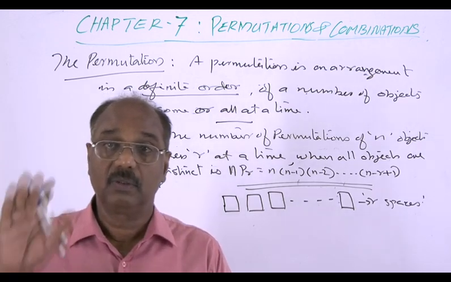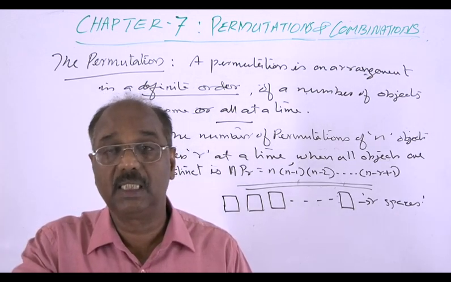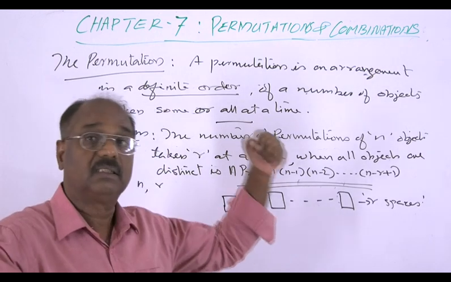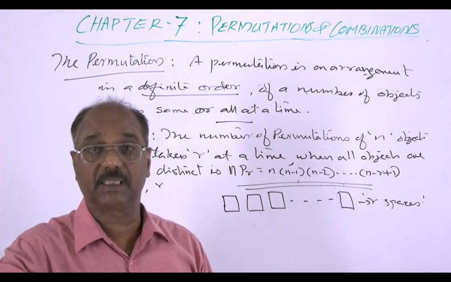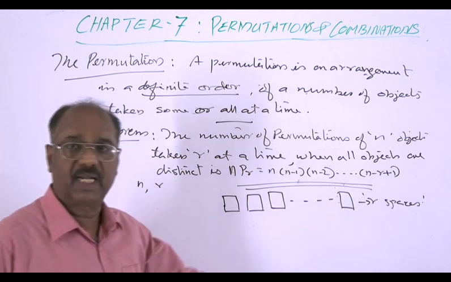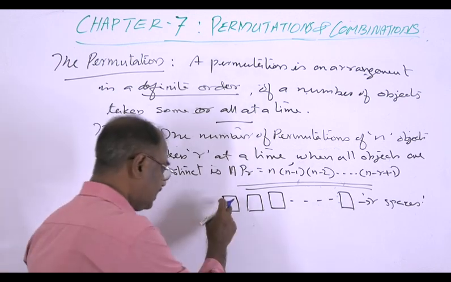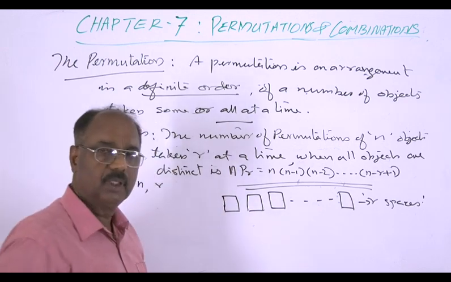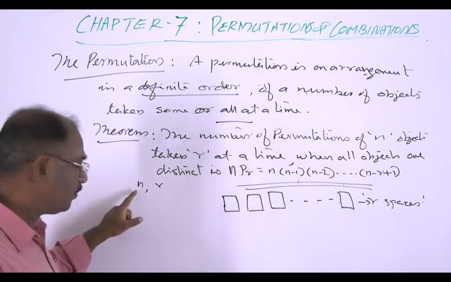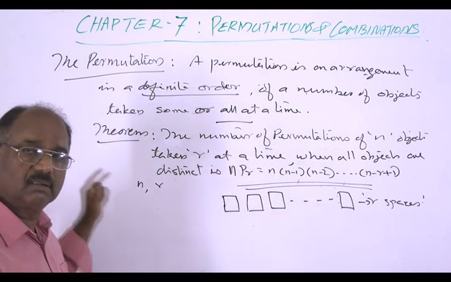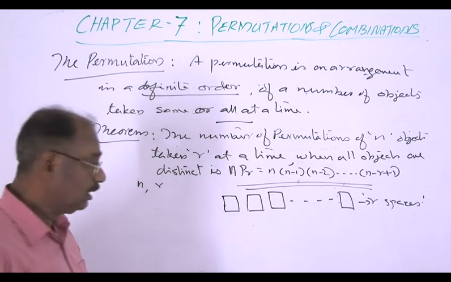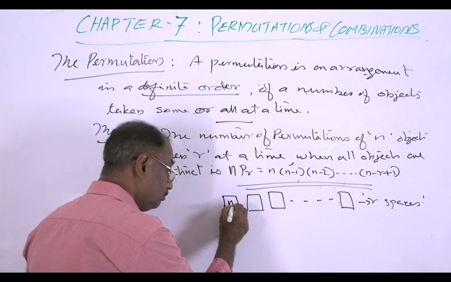So we can get the number of permutations as the number of distinct ways of filling these spaces. Consider the first space. This first space can be filled with any of these n objects, that is, n in number.